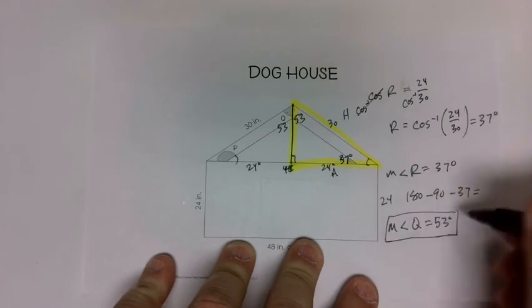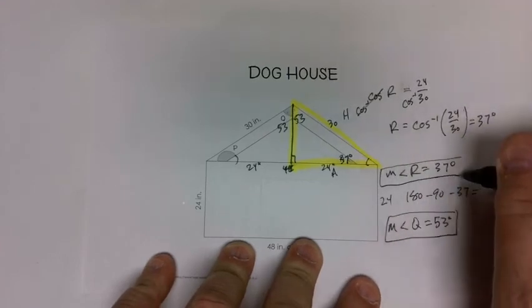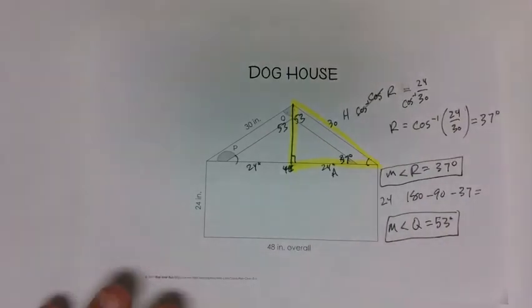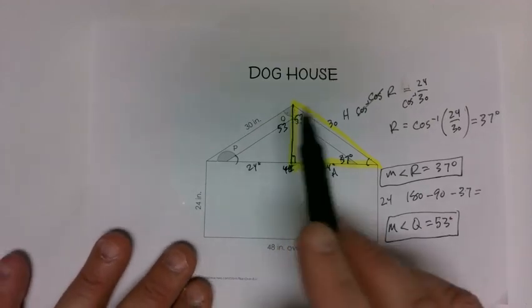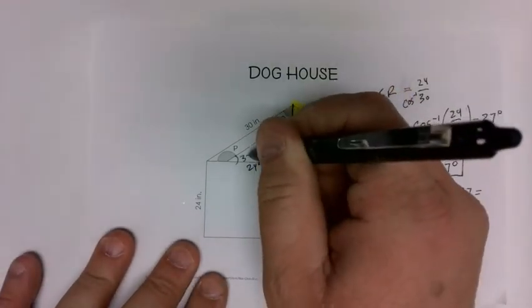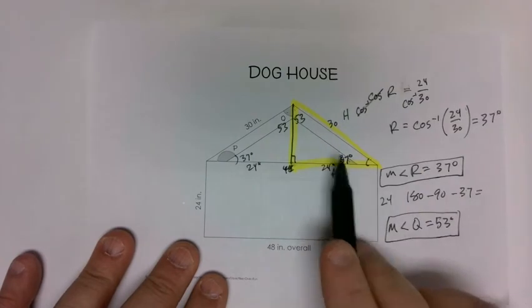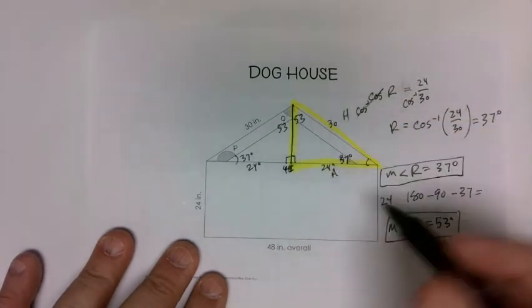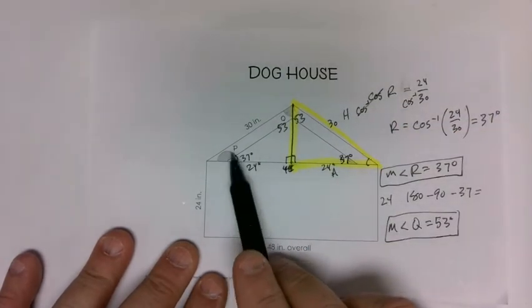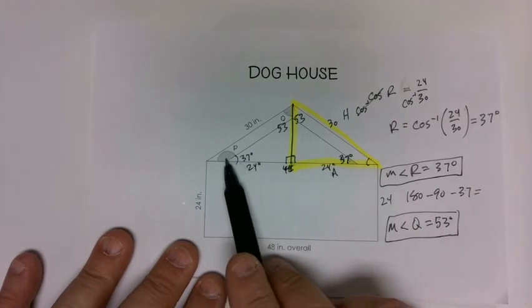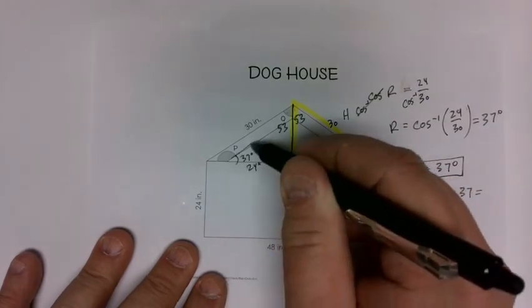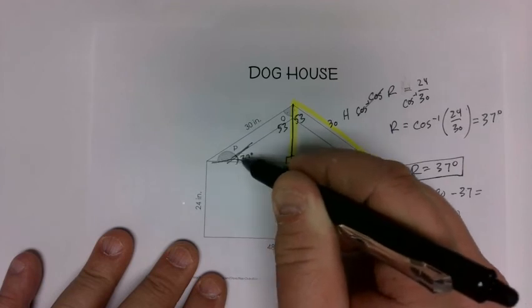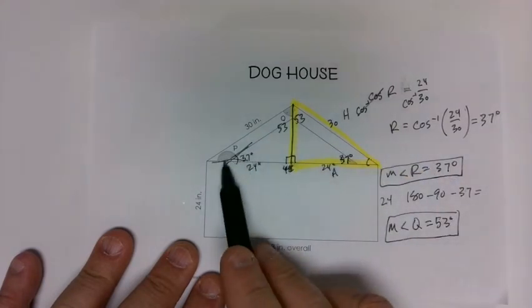And I'll put boxes around these. Okay, now that's 53. I know this is 37 because it's the same as this over here. 53, I know this 90. P, well, notice that P and this 37 are separated by this one line. So they're two angles made by the same line.